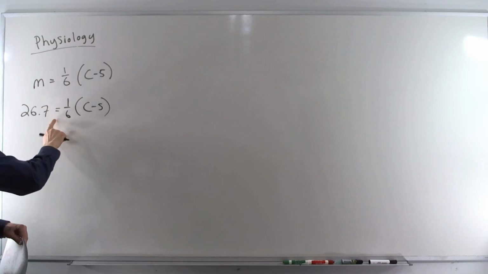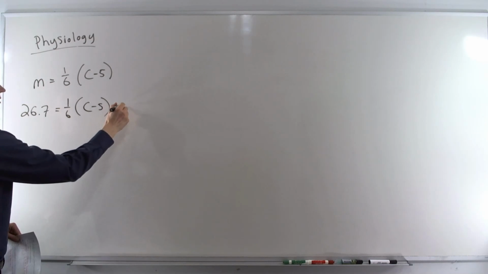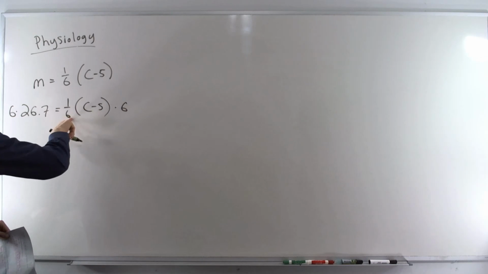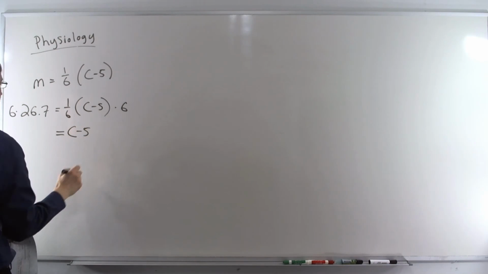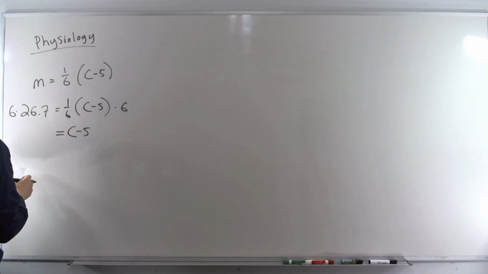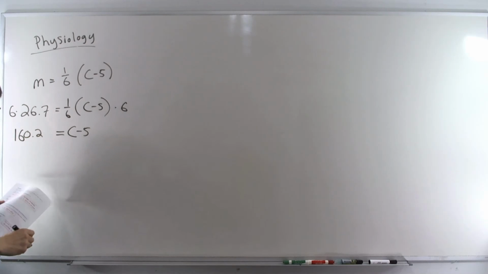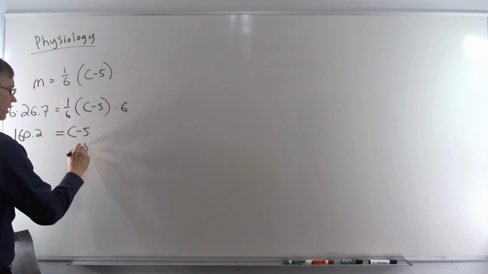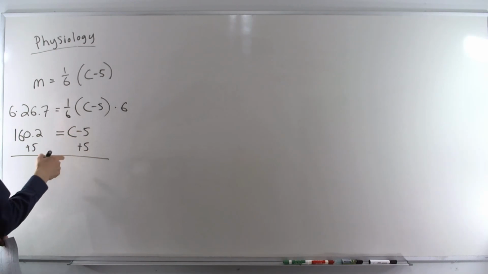So we've got 1/6 times c minus 5. This fraction is multiplied by the entire right side, so we can get rid of it by multiplying both sides of the equation by 6. Then the 6 on top and 6 on the bottom cancel, and on the right we're left with just c minus 5. On the left, 6 times 26.7 gives us 160.2. Now we want to get c by itself, so the last step is to get rid of the negative 5 by adding 5.